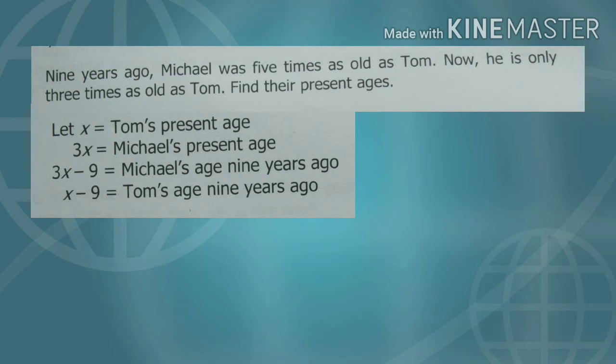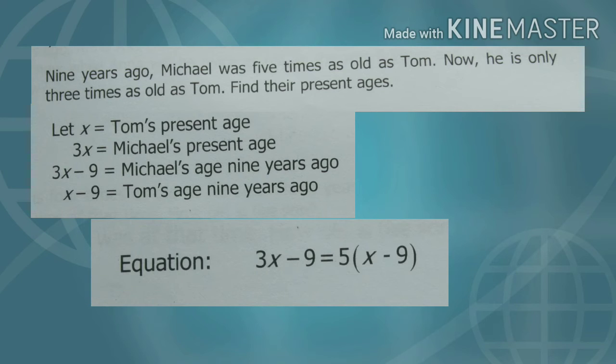Now we will write a mathematical equation of our problem. 9 years ago, Michael was 5 times as old as Tom. So 9 years ago, the age of Michael, that is 3x minus 9, equal to 5 times as old as Tom.